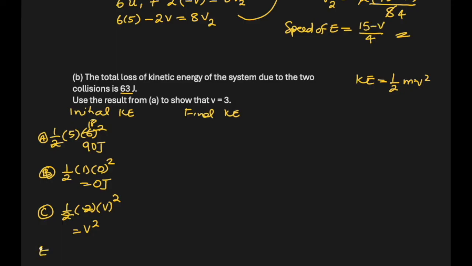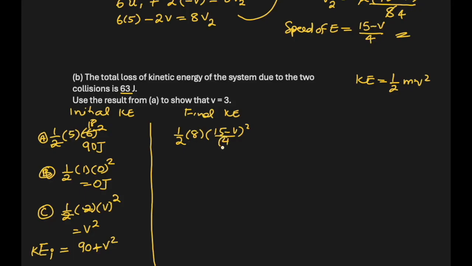So KE initial is 90 plus v square. Final is half, and now their total mass is 8, and their velocity we got was 15 minus v over 4. So half times 8 times (15 minus v over 4) square. This is the final. Let's simplify this one.